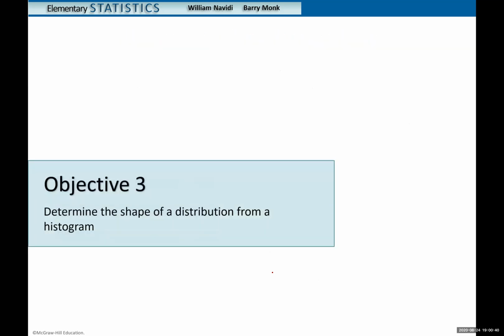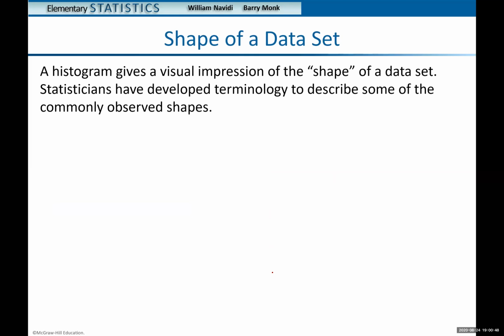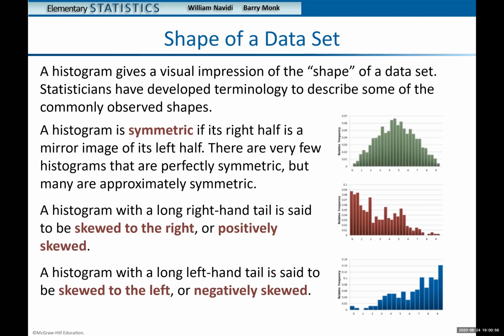Next one is after you get a histogram, now we can determine the shape of the distribution. What is that shape we're talking about? So there are some commonly observed shapes, terminology that we're going to use now, but we're going to talk about this in later chapters. Symmetric, if you need to copy this, let's say this is your histogram, and if you have a bell shape like this, then that is what you call symmetric.